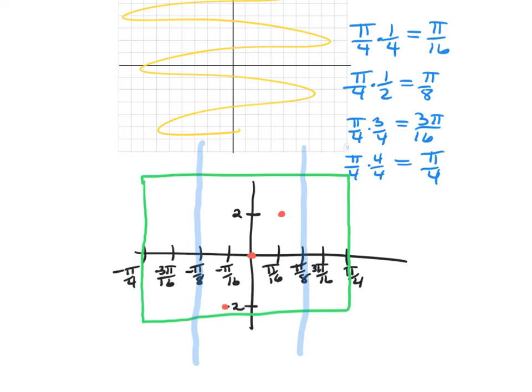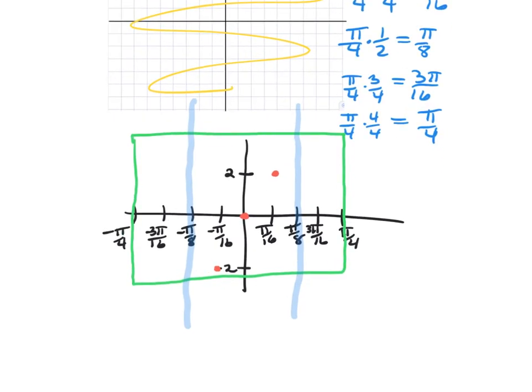Again, the tangent graph takes on the shape of the x cubed graph. So I can go ahead and connect this over here. Skims along the asymptote and then over here.